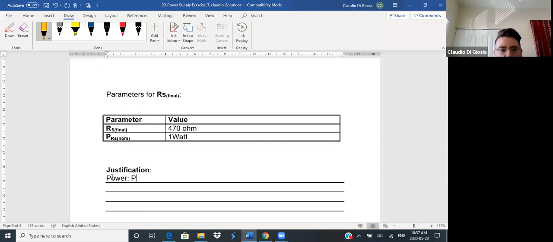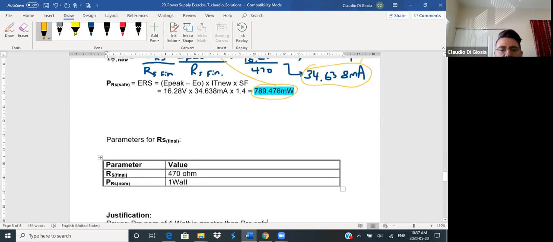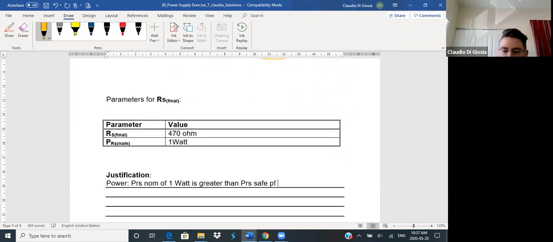So PRS nom of 1 watt is greater than PRS safe, 789.476 milliwatts.